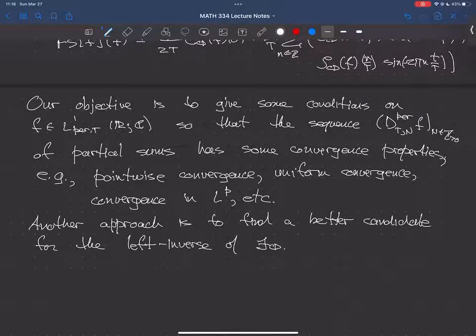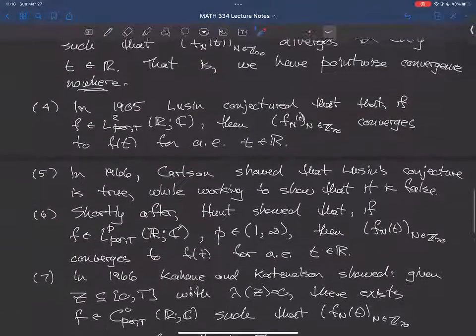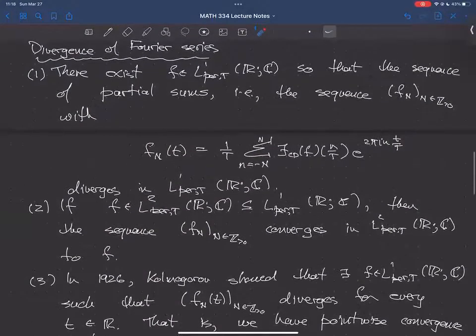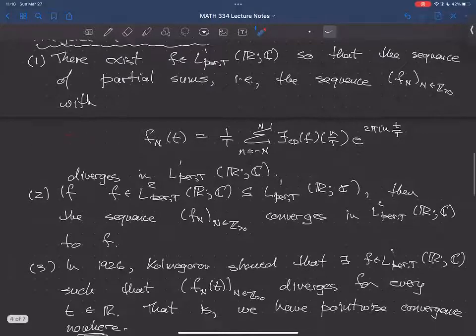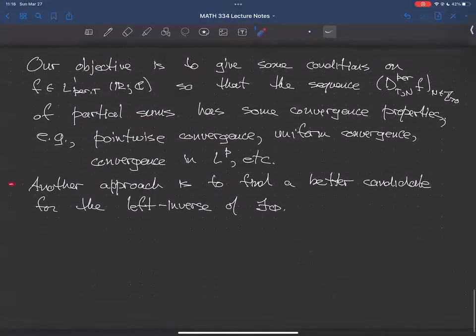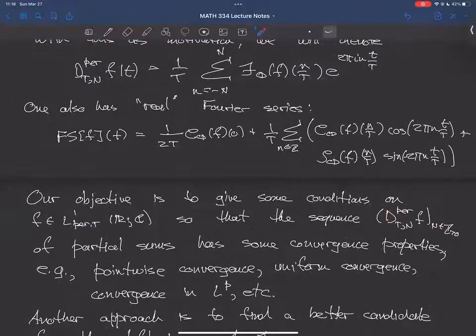Okay, because these divergence results seem to be telling us that we made the wrong choice, in the sense that this inverse just isn't an inverse. And so maybe you should try to find a better one. And what we'll see is that there is a choice, and it's not that unnatural. In fact, the choice just comes from putting the Fejér kernel there instead of the Dirichlet kernel.